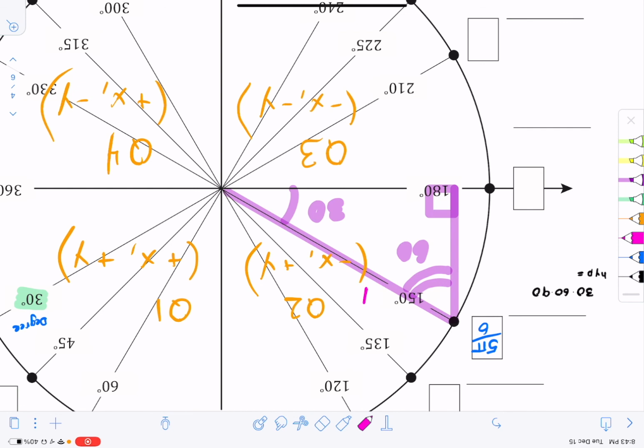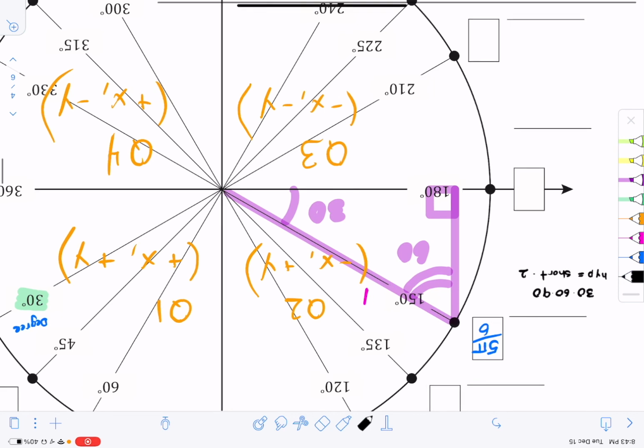So you're going to start with the hypotenuse. Hypotenuse is equal to the short leg times 2. And the short leg is across from the 30-degree angle. This short leg corresponds to the height on the y-axis. So I'm going to label the short leg as y.